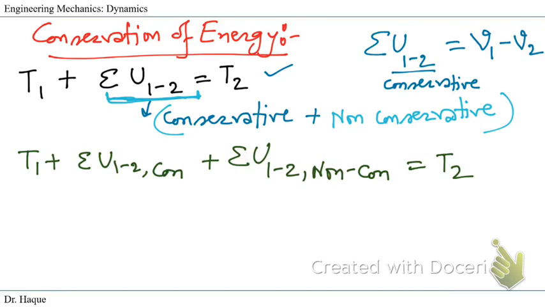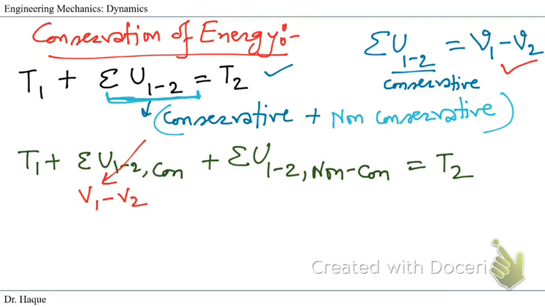Now let's plug in the conservative equation that we derived from the previous lecture. U12 conservative equals V1 minus V2, the potential function V1 minus V2. So we're going to replace this with V1 minus V2.